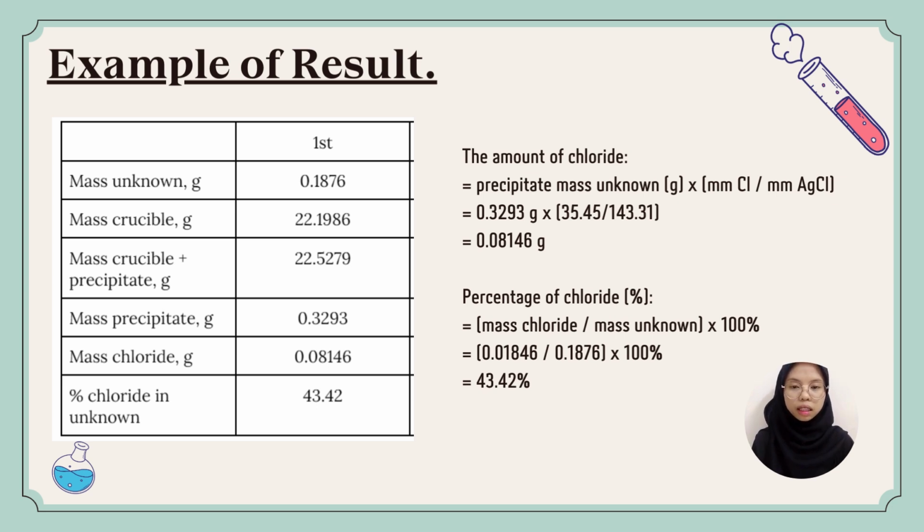Furthermore, the percentage of chloride in the sample was calculated by dividing the mass of chloride by the mass of the anion and multiplying the result by 100%, yielding a percentage of 43.42%. This calculation provides valuable insight into the composition of the analyzed sample, demonstrating the presence of chloride and its relative abundance within the anion substance.